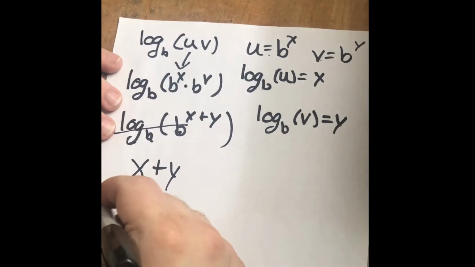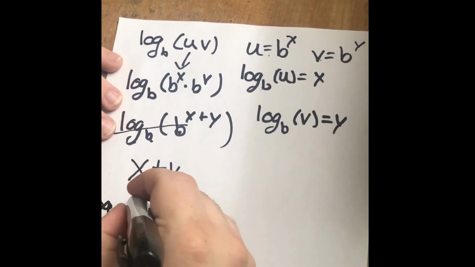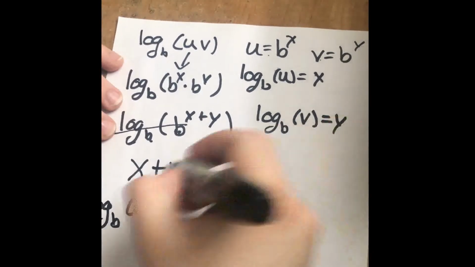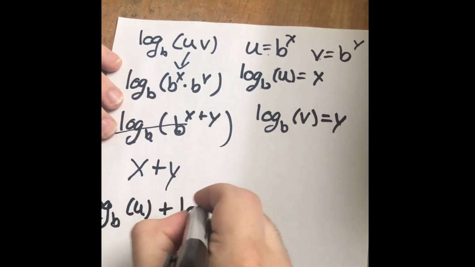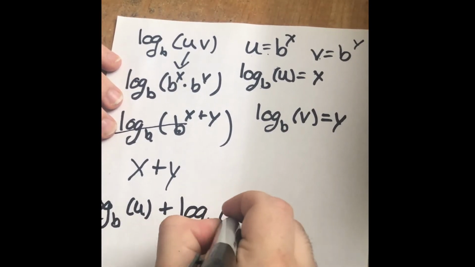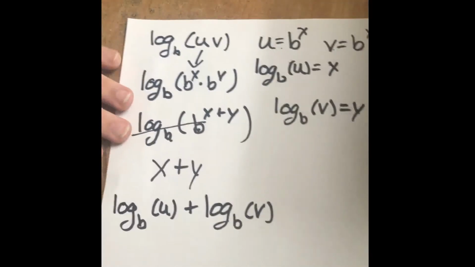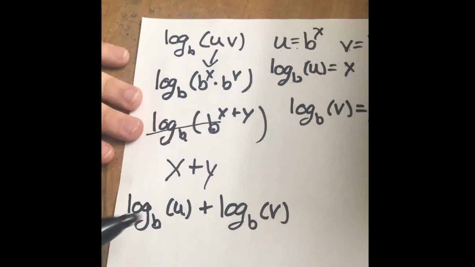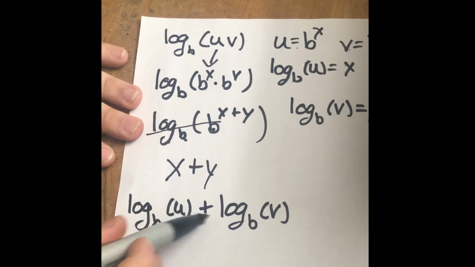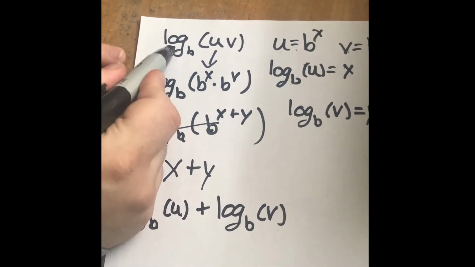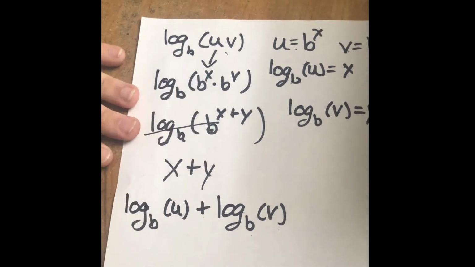X is log base b of u. What's y? Y is log base b of v. And so then we end up with the expression that we were given. Log base b of u plus log base b of v is equal to log base b of uv.